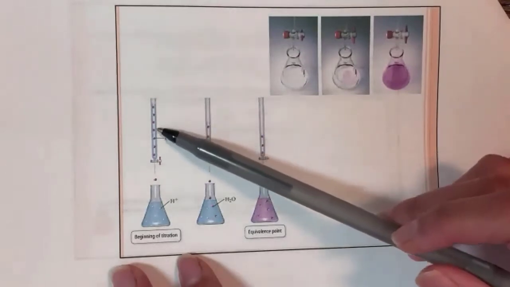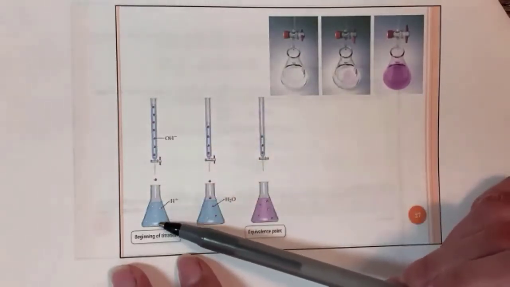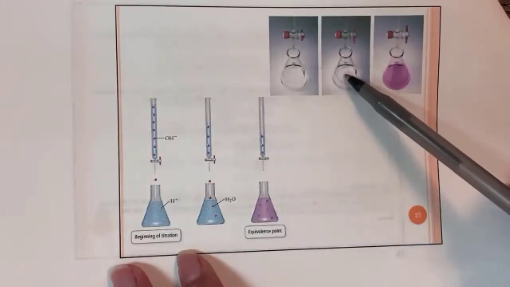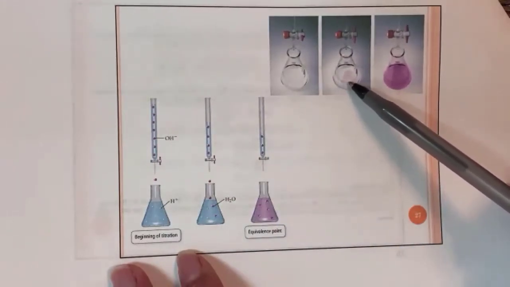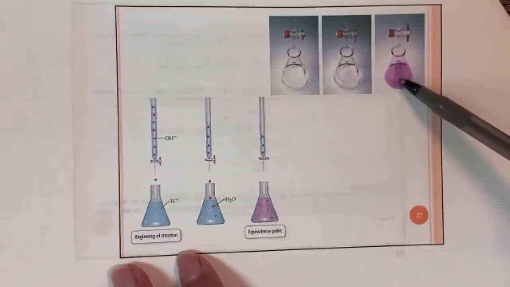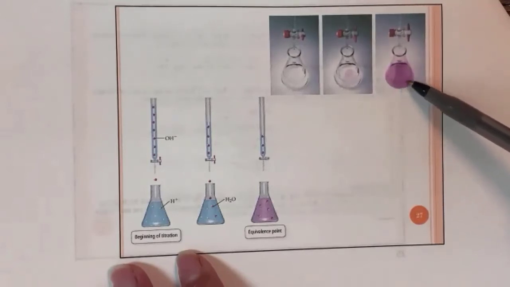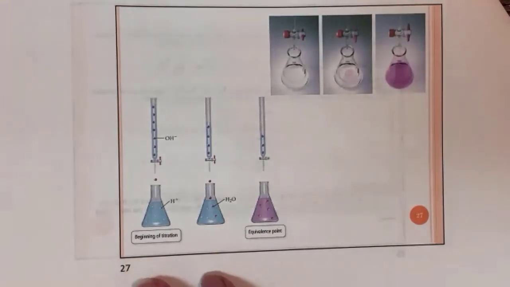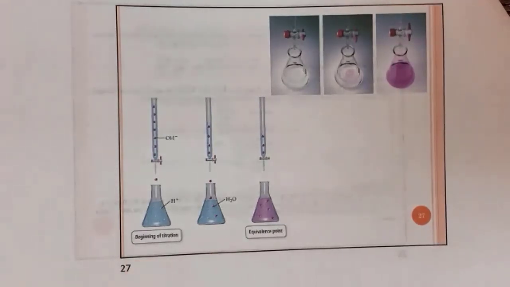So you drop your hydroxide, you drop. At first it's clear, and then when you get closer, it starts to turn a little bit pink with every drop. You swirl it every time, but the pink stays longer and longer. And all of a sudden, one last final drop will turn it pink, and you swirl and the pink stays. If you go past that point, it goes hot pink, and then you probably went too far.